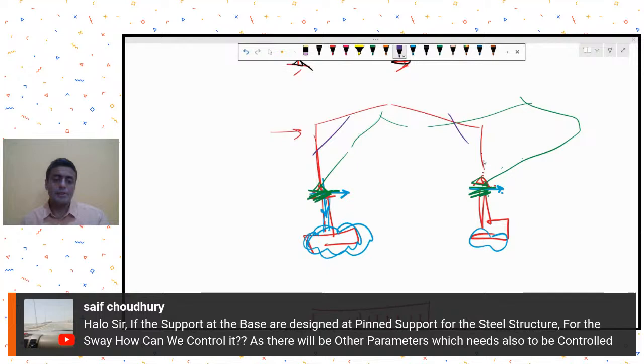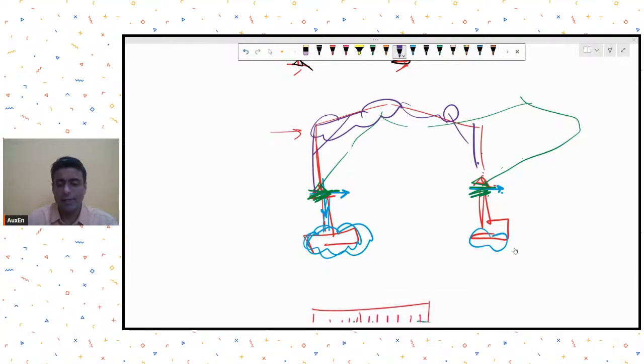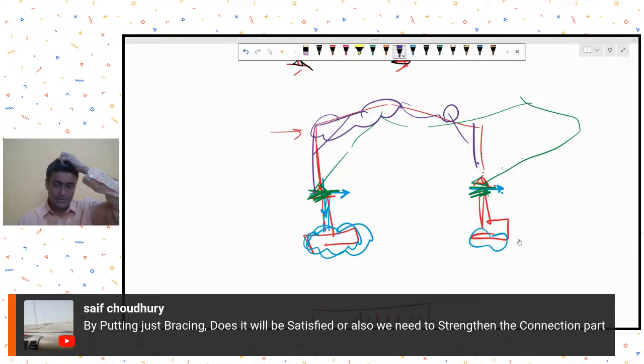Or maybe you will need to increase the stiffness of your rafters and columns, or the beams and columns, to reduce the sways. Are there other parameters which also need to be controlled? Yeah, so for sway, generally adding bracings and increasing the stiffness of beam columns is one of the ways.